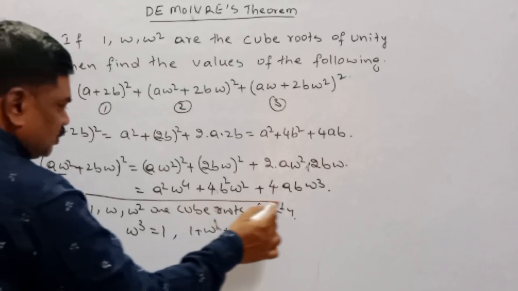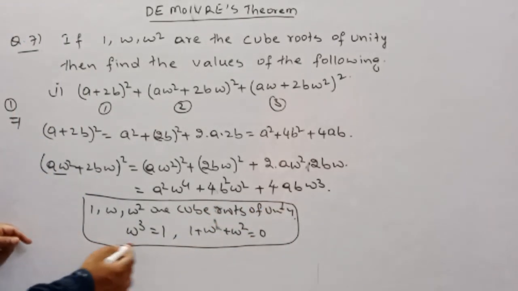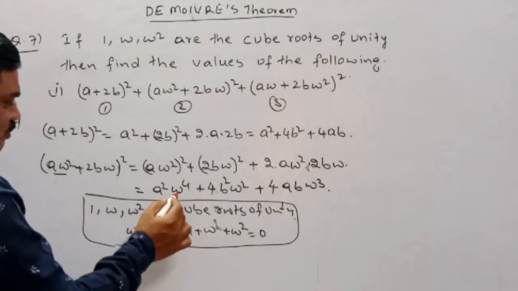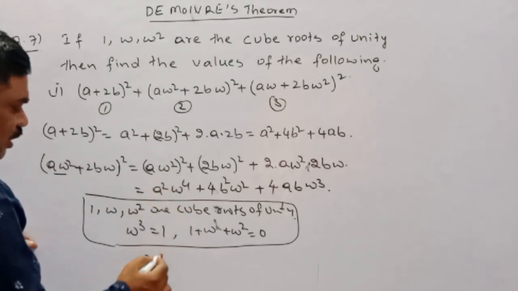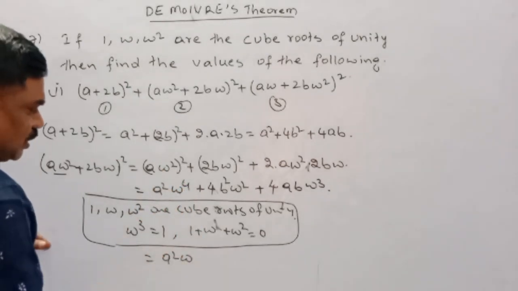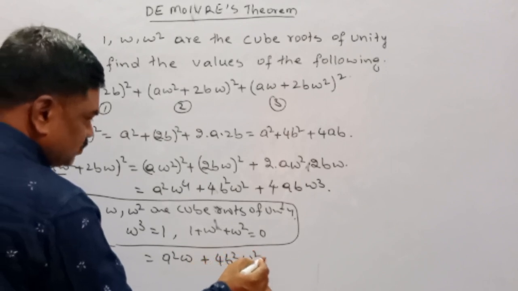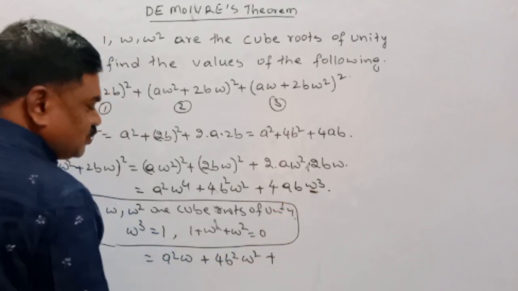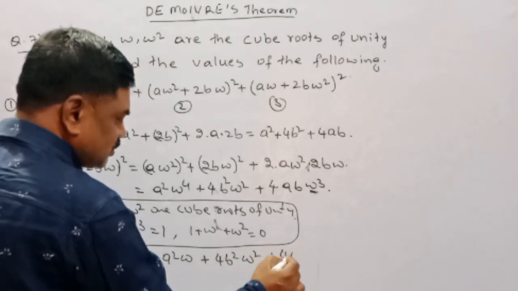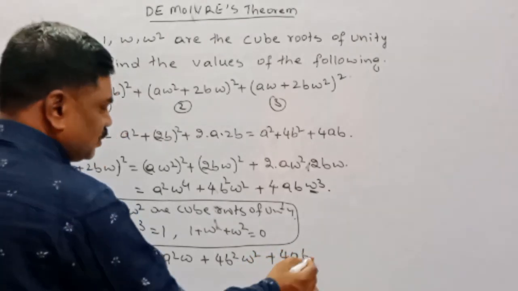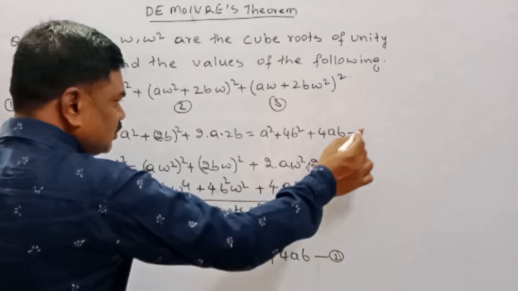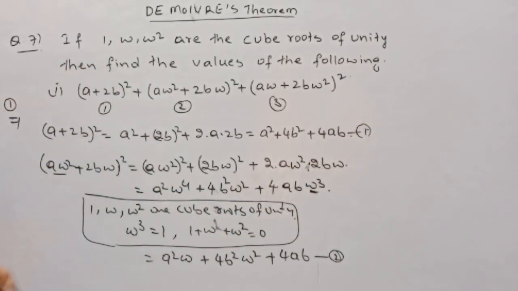These are the formulas. So this one, omega cube into omega, that is a square omega plus 4b square omega square plus here omega cube is equal to 1, so this is 4ab. This is the second one. This is the first one.